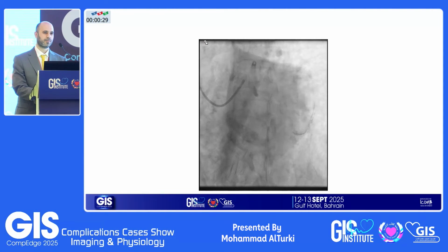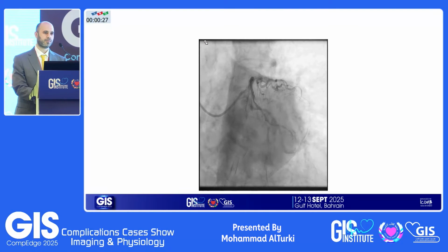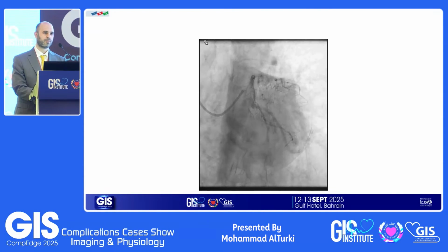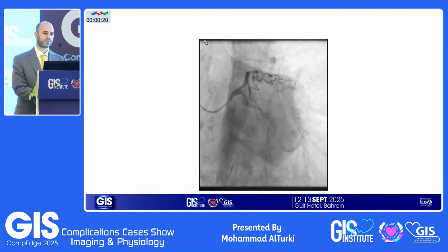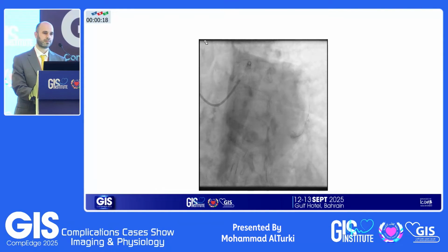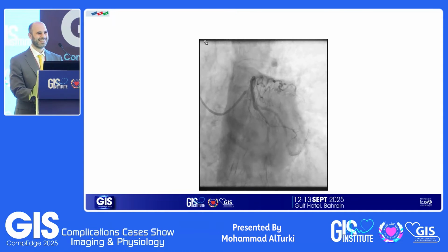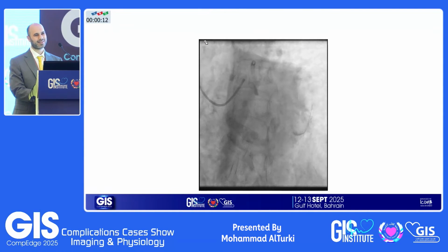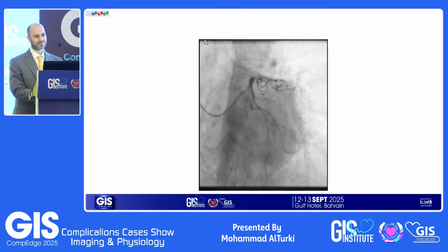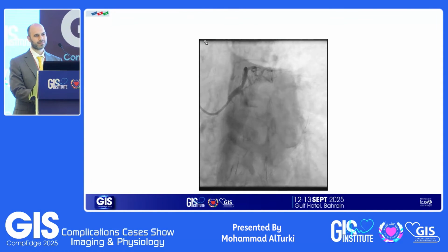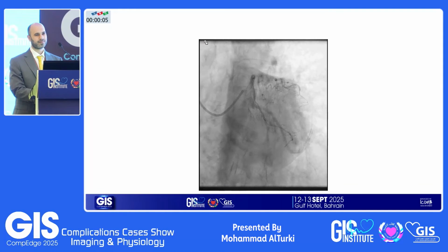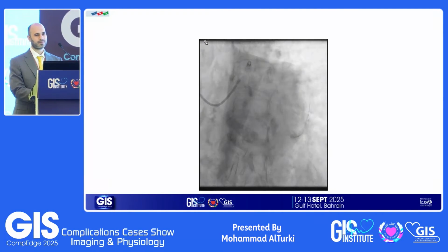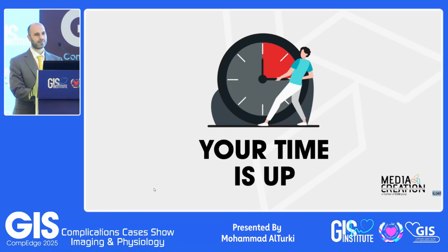So you have an ugly, nasty looking dissection that is either a dissection E, is E because F is you have no flow. And the reason I remember F is because F is a bad thing, right? So it's E, just one stage before F, right? And here I can rest assured that the flow is down, it's TIMI-2 flow, and the patient is having chest pain. Now you have to do something. To do something, you need to gain back TIMI-3 flow in the vessel.